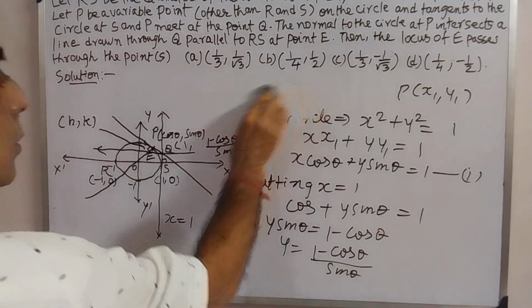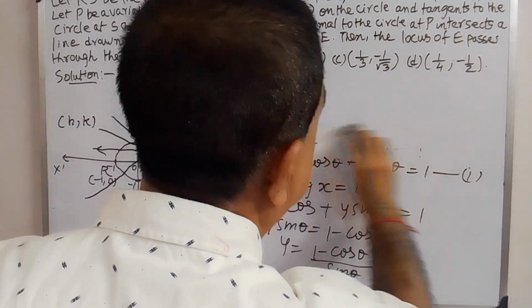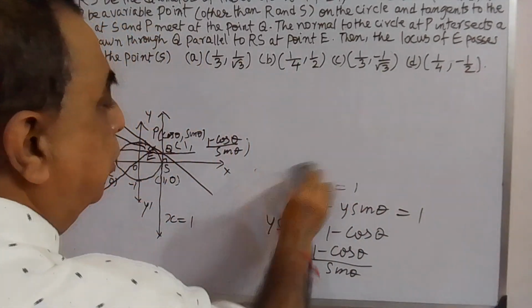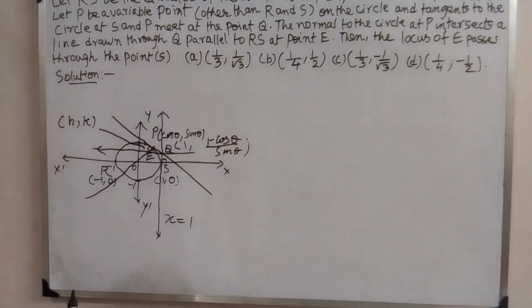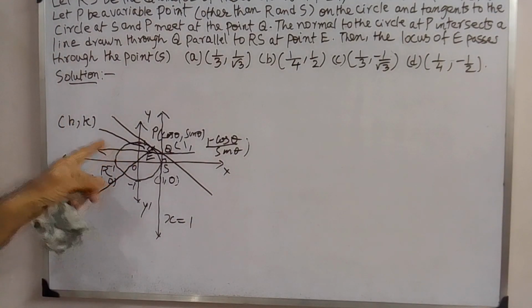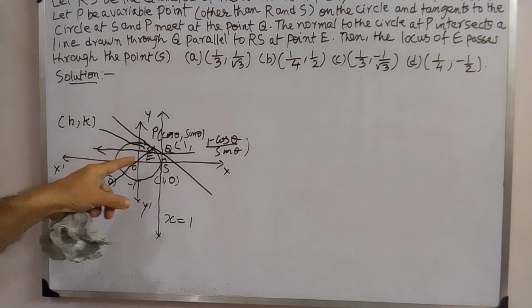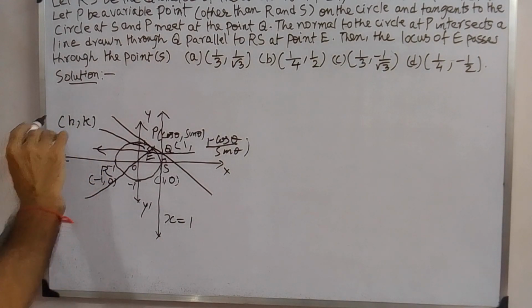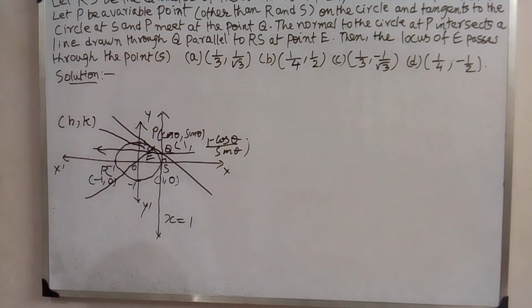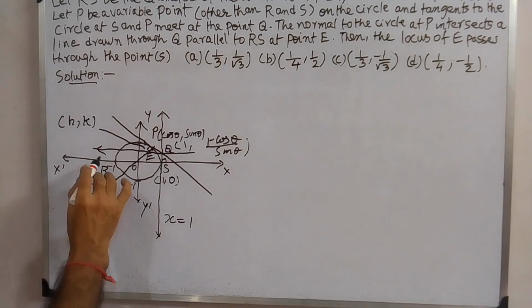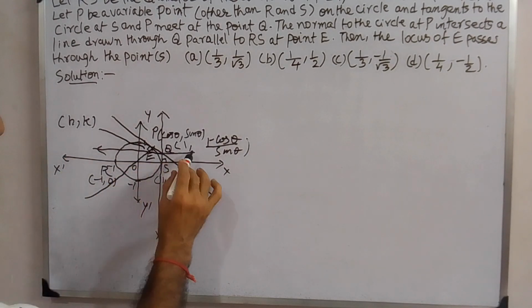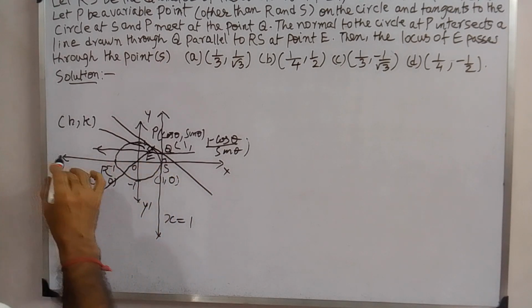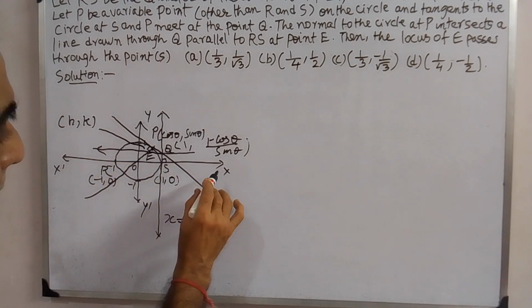Now see here, we have to find the locus of the point E. So I have to express the coordinates of E, which I have taken as h and k, and find a relation between h and k. Now see, this line which is passing through Q is parallel to the x-axis.